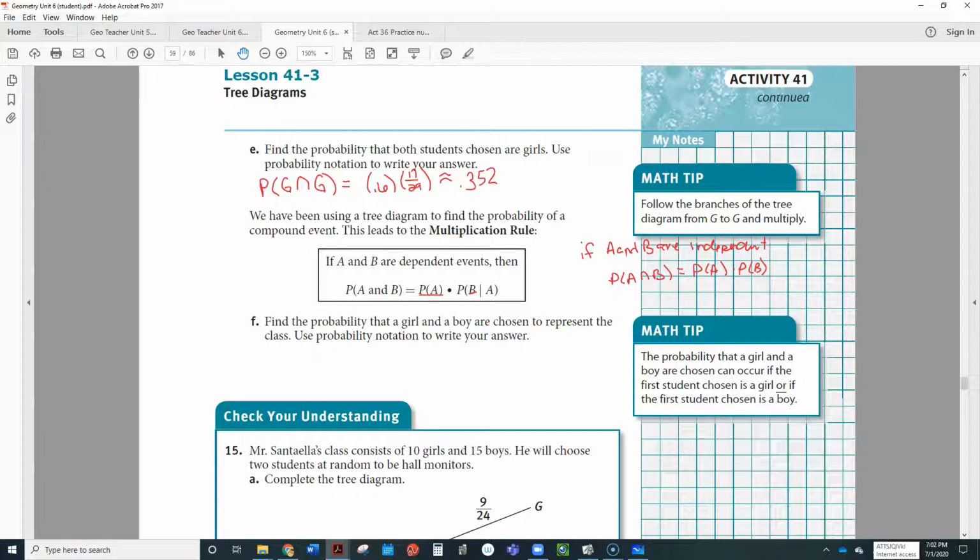Now you have to be careful here because they are being really tricky, and they didn't tell you whether the girl has to come first or the boy has to come first. It doesn't matter.